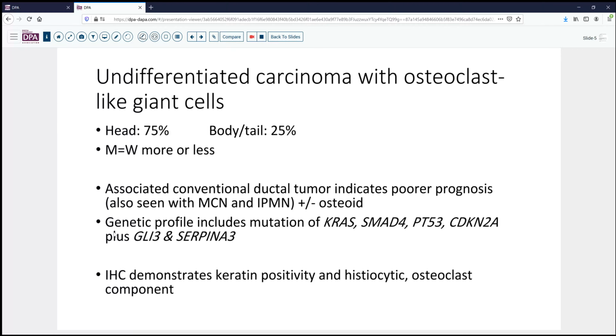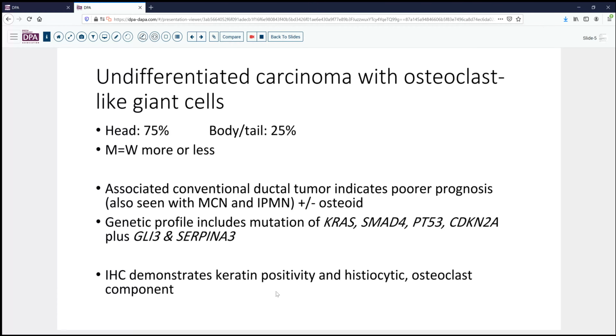Of interest, and perhaps as would be expected in this sequence where there's a conventional carcinoma involved, many of those mutations that one sees with conventional adenocarcinoma of the pancreas, KRAS, SMAD4, TP53, CDKN2A, and so forth, are seen in these lesions. However, in addition, you may also find GLI3 and SERPINA3 to be involved as well.